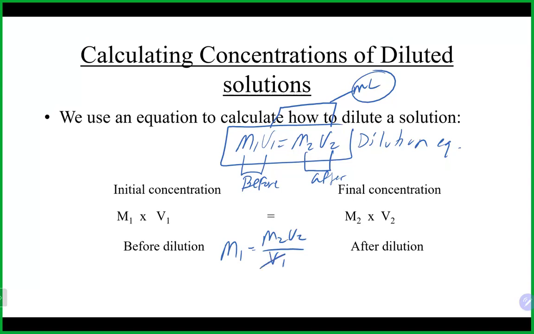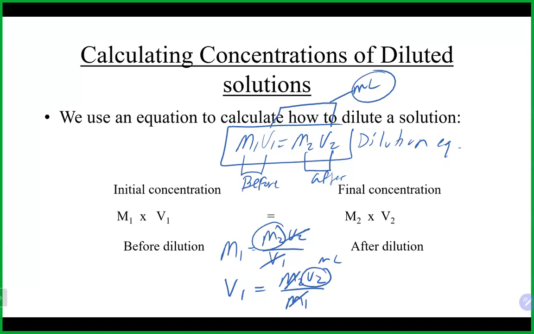If this is milliliters and this is milliliters, you will get back to molarity. Everything will work out okay. If you're solving for something like V1, that would be M2V2 divided by M1. The M's will cancel and leave you with volume in milliliters. You could also convert it to liters as well.